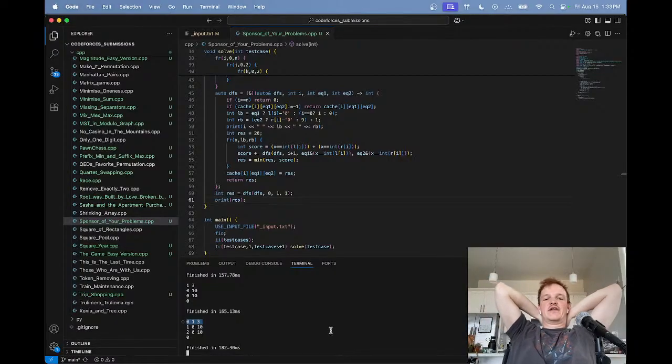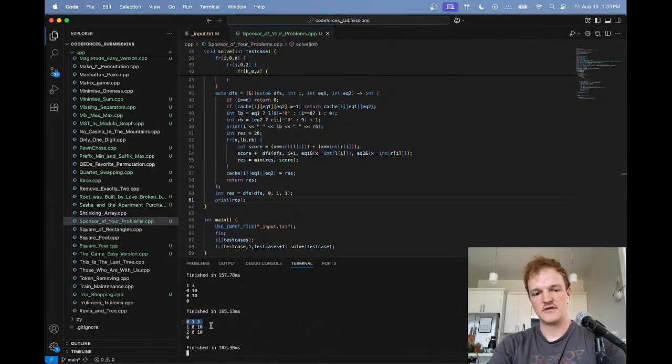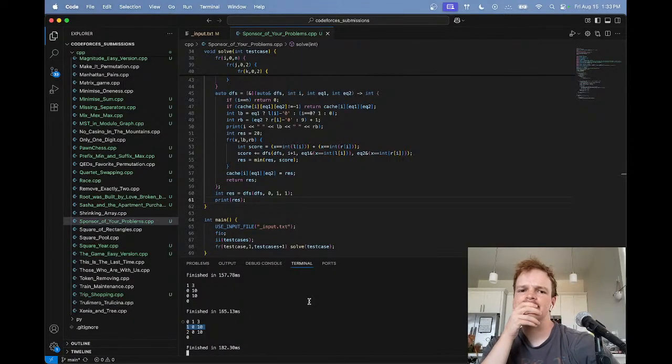When you're at index 1, the left bound is 0, the right bound is 10. Yeah, but the right bound shouldn't be 10. The right bound should be 1 in this world.